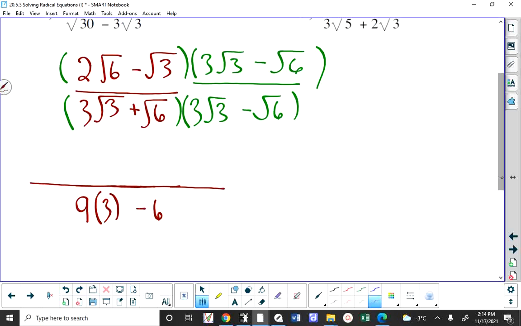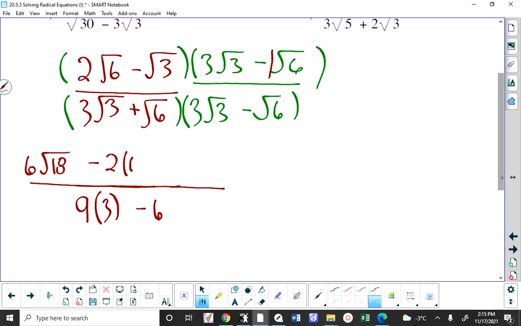On the top, I actually have 4 products to do here. I have first, outer, inner, and last. 2 root 6 times 3 root 3 is 6 root 18, because 2 times 3 is 6, and root 6 times root 3 is root 18. My outer is going to be 2 times negative 1, which is negative 2, multiplied by root 6 multiplied by root 6.